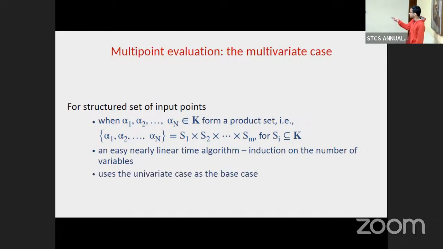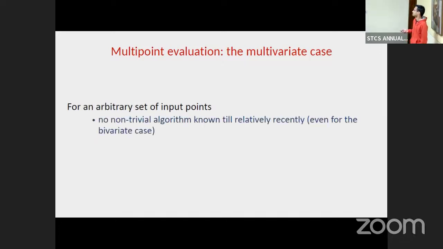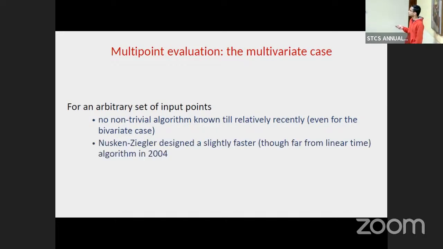Right, and this particular case uses the univariate case as a basis. The moment your point sets don't have this structure, so if you're looking at an arbitrary point set, there were no non-trivial algorithms known till relatively recently, even for the bivariate case. So in 2004, Nüsken and Ziegler designed a slightly faster algorithm. This is not a linear time algorithm, but it is a sub-quadratic time algorithm.